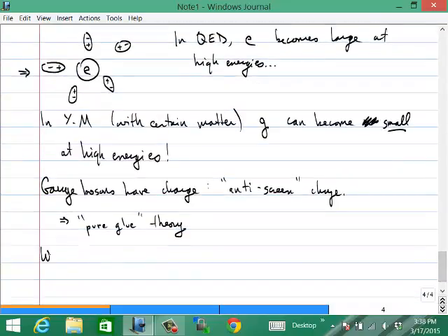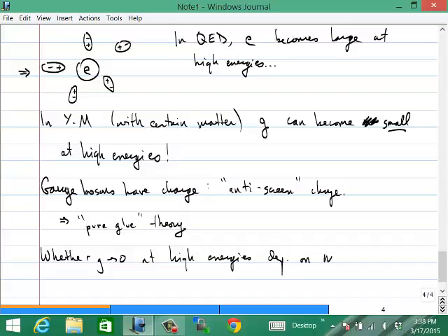So whether G goes to 0 at high energies will depend on the matter content. So the computation that I'm going to do is to compute various different contributions to the beta function for Yang-Mills theory.